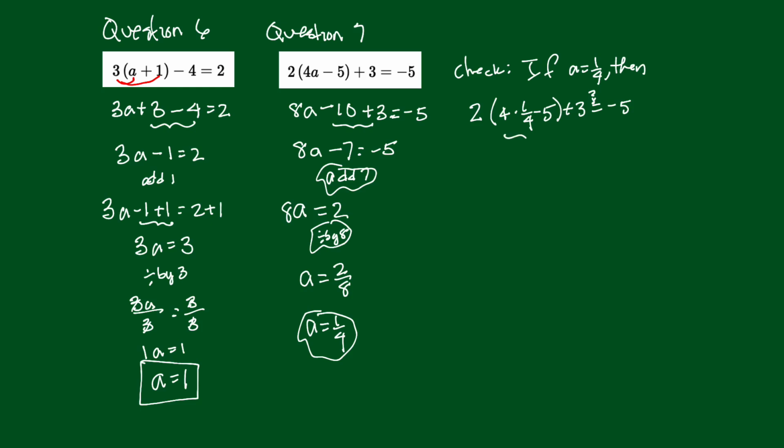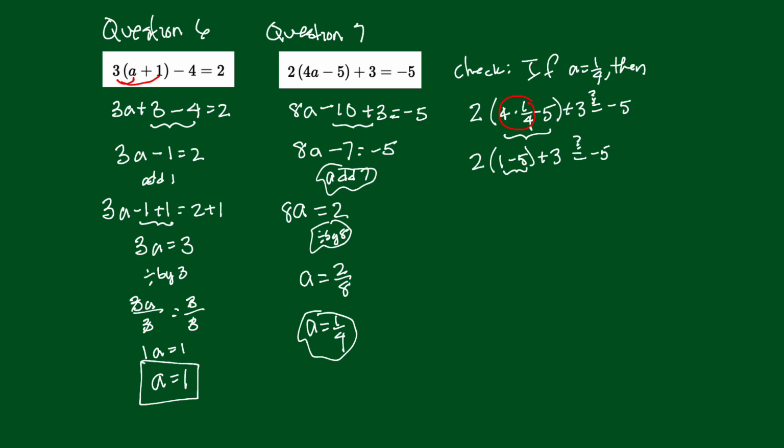Now, working inside the parentheses, look at this part right here. What is 1/4 of a? Or if you like, 4 times 1 is 4. 4 divided by 4 is 1. So I'm left here with 2 times 1 minus 5, and then you got that plus 3. Is that equal to negative 5?